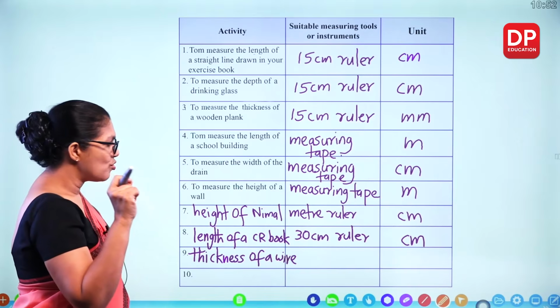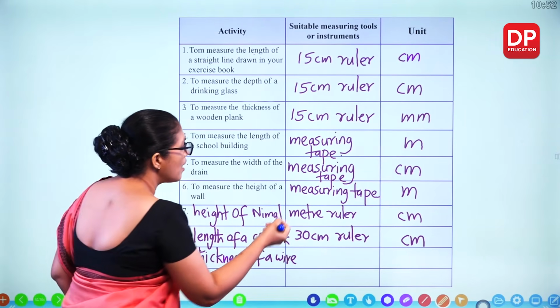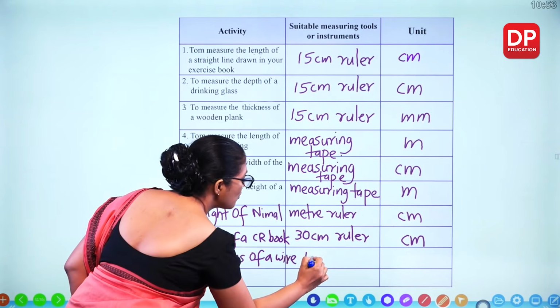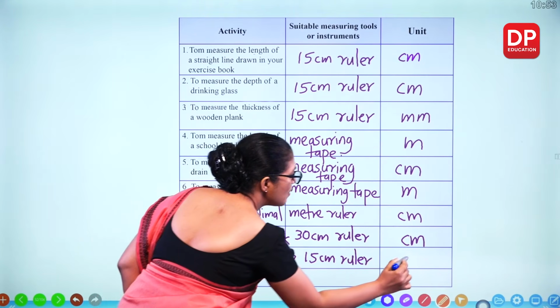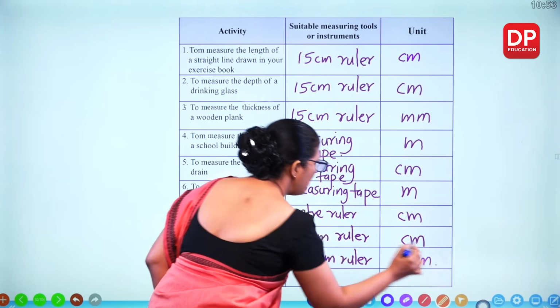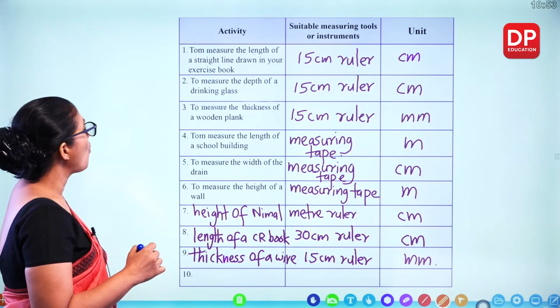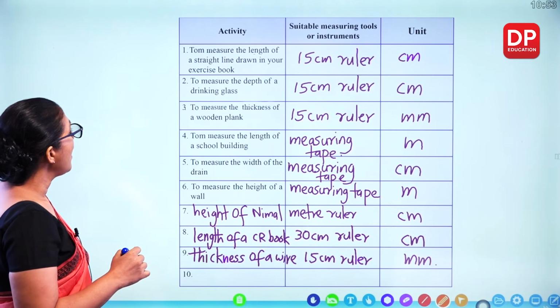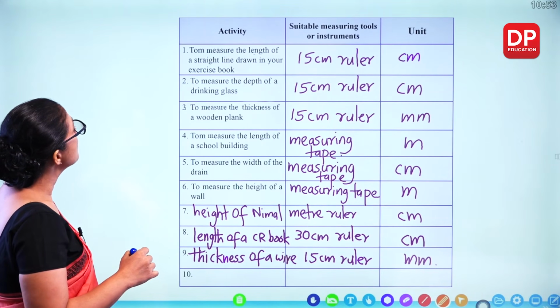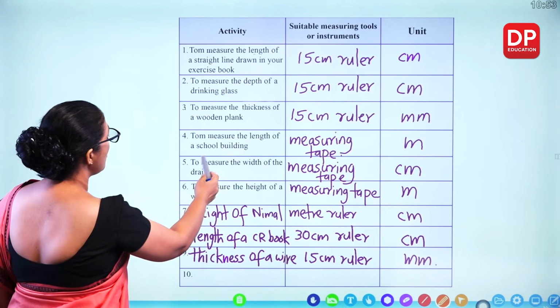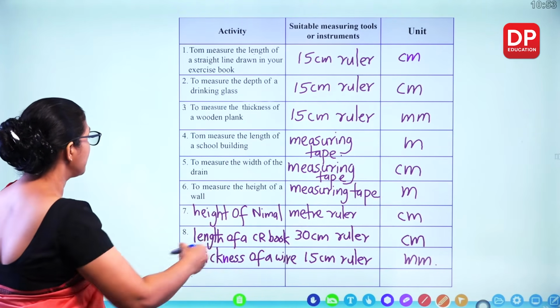So you can use a 15 centimeter ruler. So the measurements in millimeters, thickness of a wire. And what else can we measure? Think about another length.